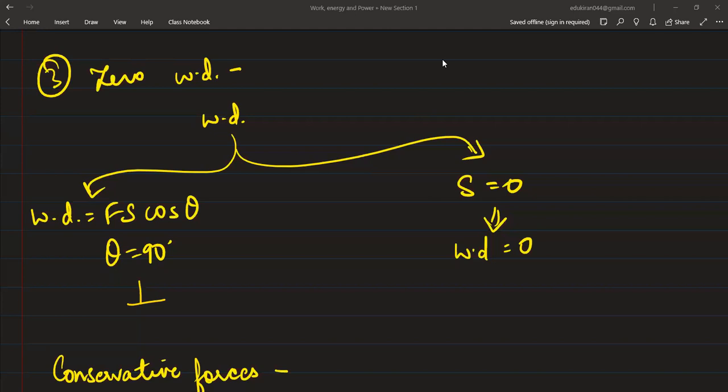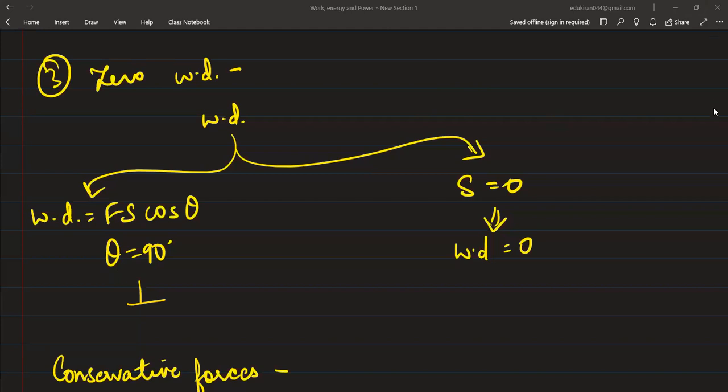A force done in moving a particle from one point to another. That is conservative force. Any force can be conservative force, it means. Incorrect answer.